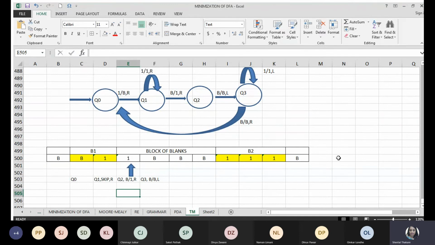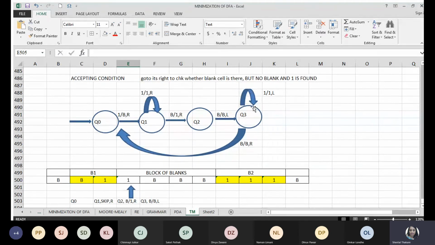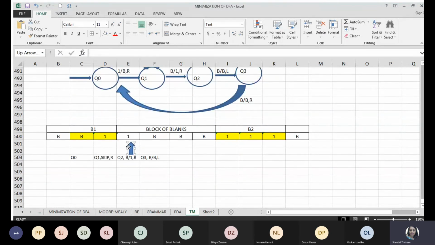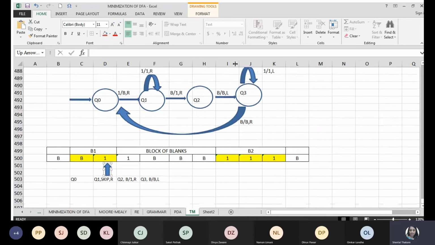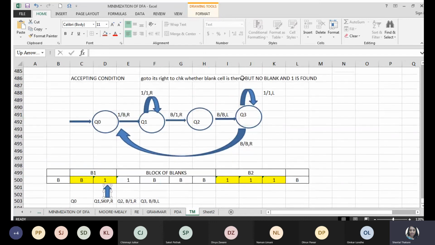In Q3, you encountered 1. 1 should be kept as 1. Move to left. Again in Q3, you still remain in Q3. 1 should be kept as 1. Moving to left. In Q3, you encountered B. So B should be kept as B. Move to its right. Now you are sure that this is leftmost one.